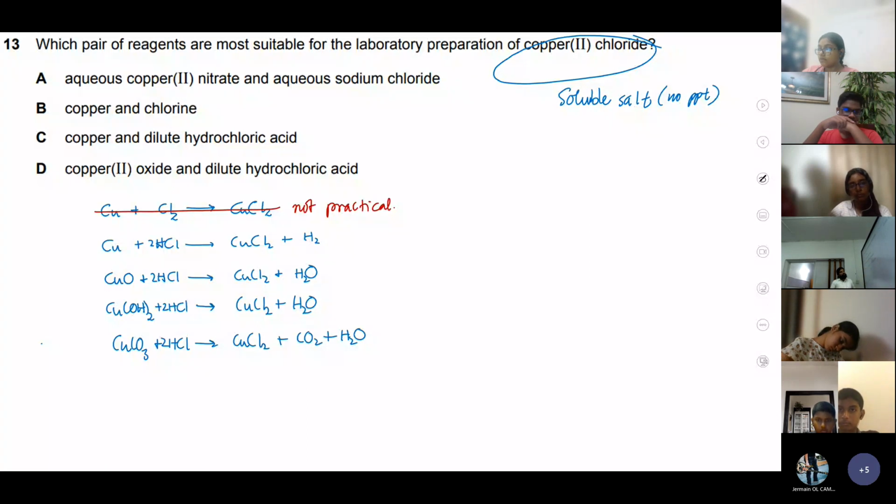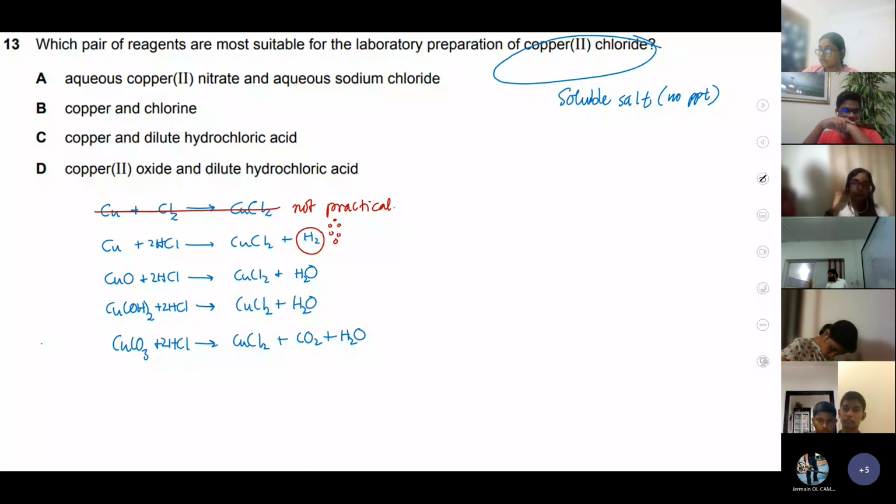In exam answers, you have to follow these methods. Then only you can do chemistry. Copper and HCl, copper chloride and hydrogen, sounds very good because even the gas produced, you can see the bubbles. If the bubbles stop, the reaction stops.